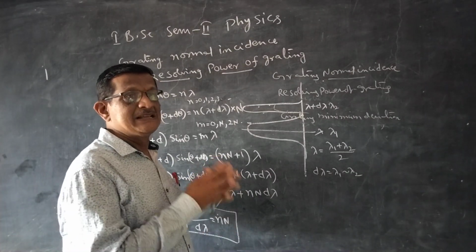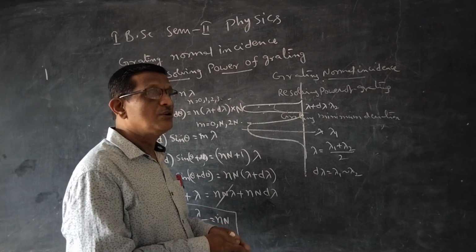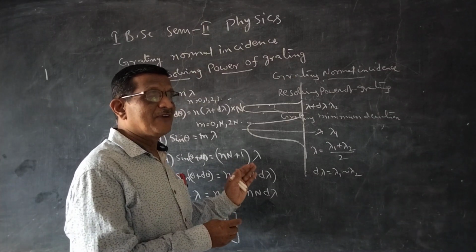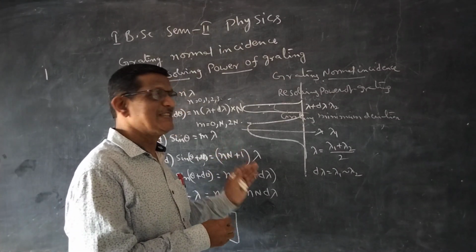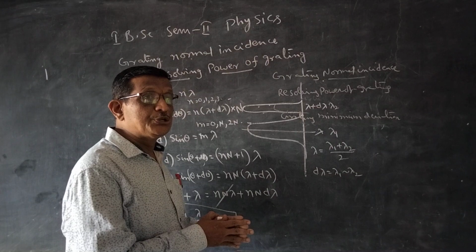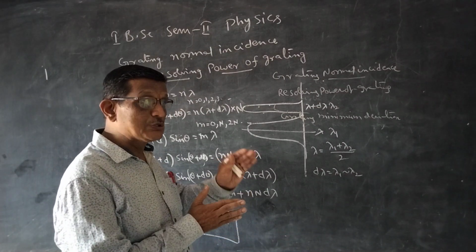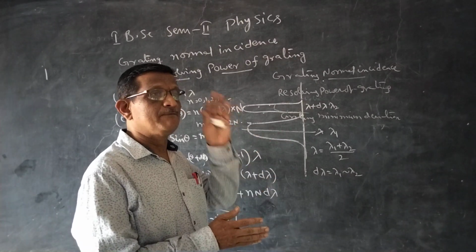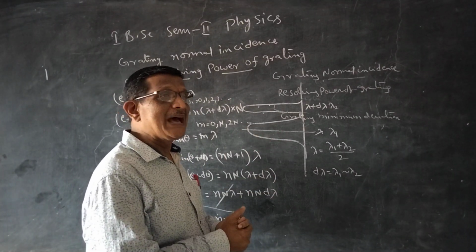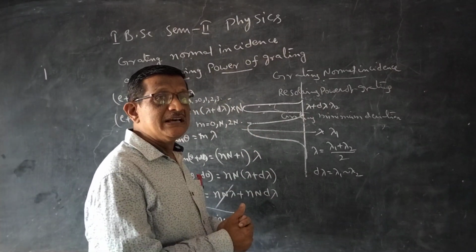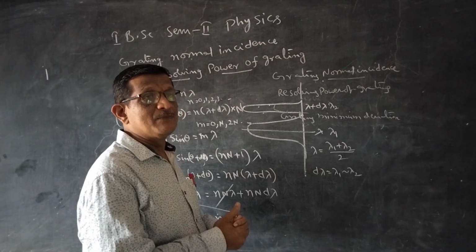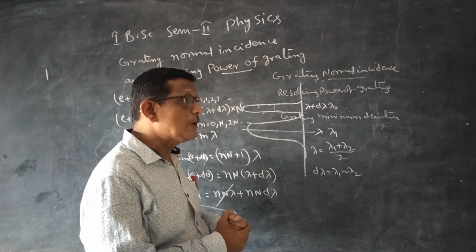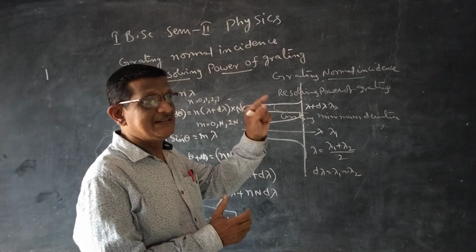Whatever may be the case, while using a spectrometer, we should make some fundamental arrangements. First, the telescope in the spectrometer should receive the parallel light beam. In order to receive the parallel light beam, first of all, the telescope is focused to a distant object.